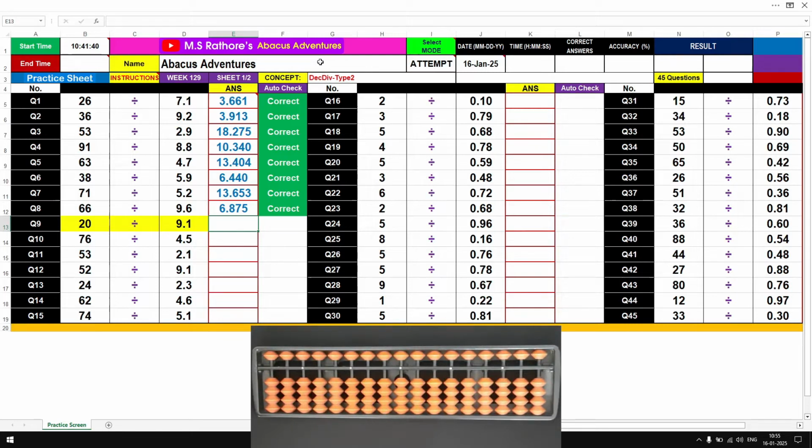Question number 9, 20 divided by 9.1. So this is 20 divided by 91.